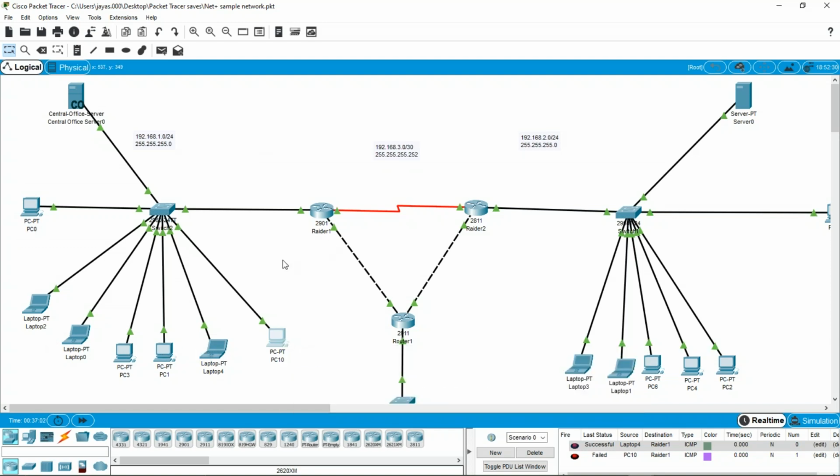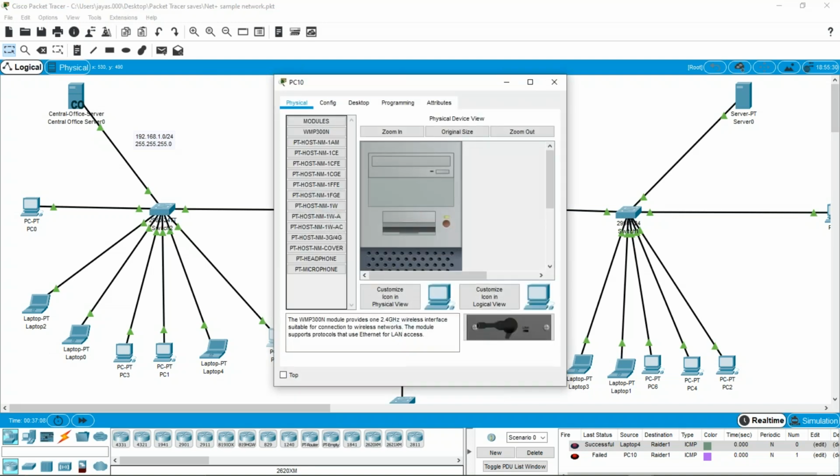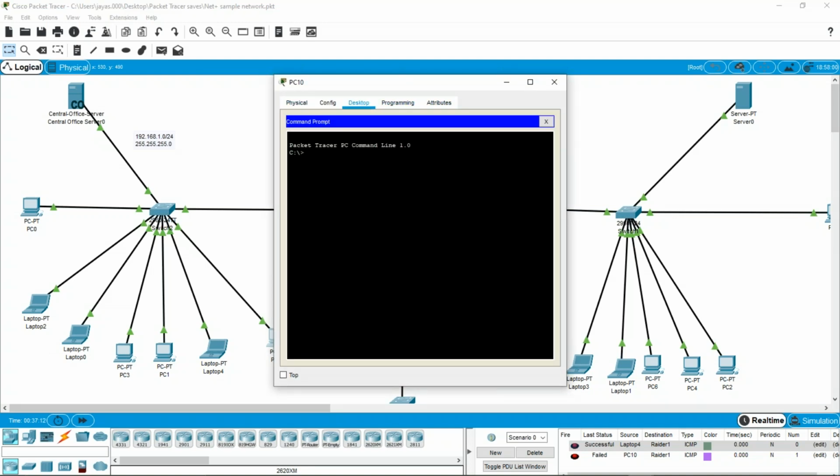Make sure it's getting the IP address. You want to check the IP settings, so that's something we can do. Let's do that. Desktop, command prompt. Which command are we going to run? ipconfig.